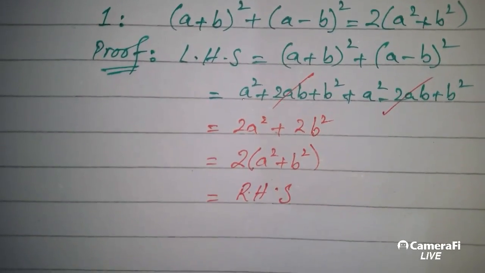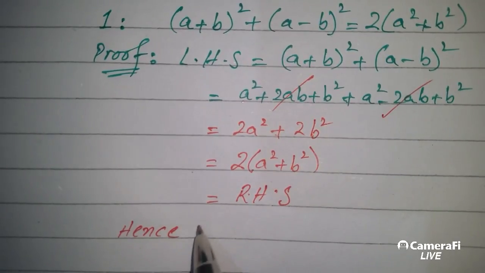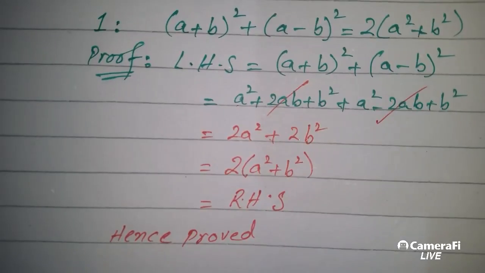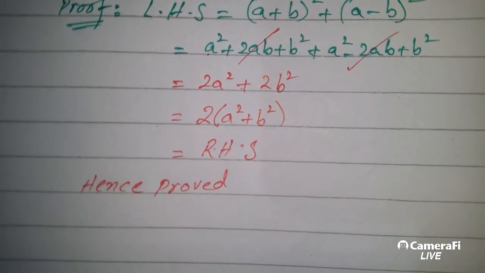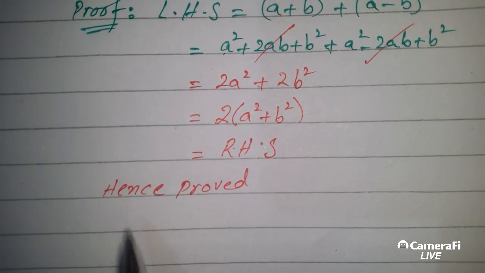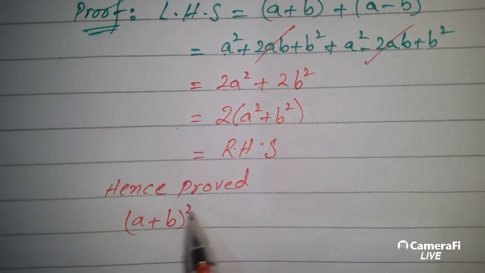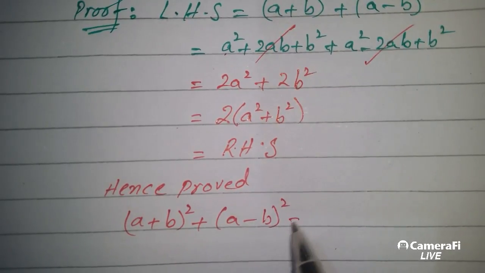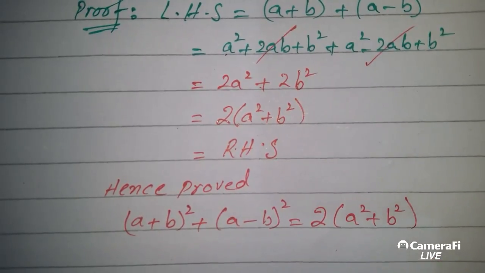Hence proved that (a plus b) whole square plus (a minus b) whole square equals 2 times (a square plus b square).